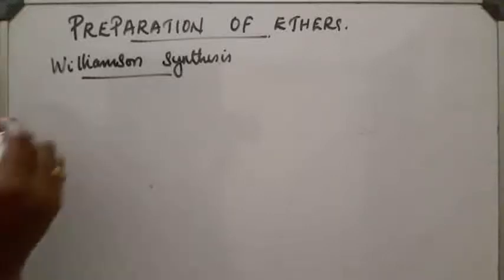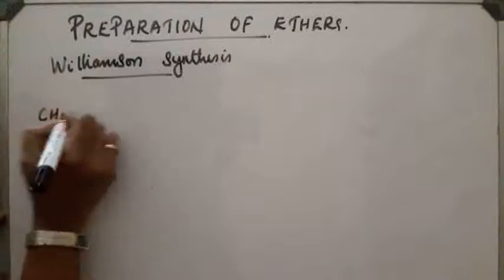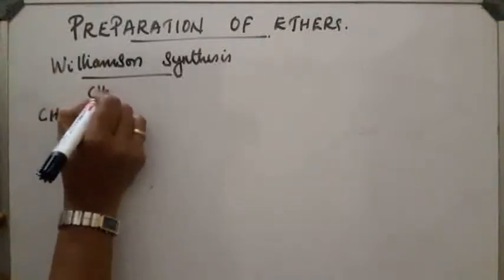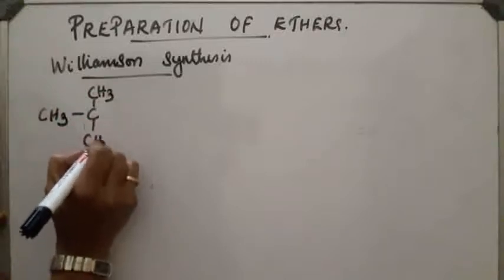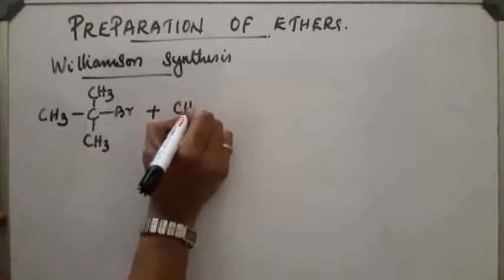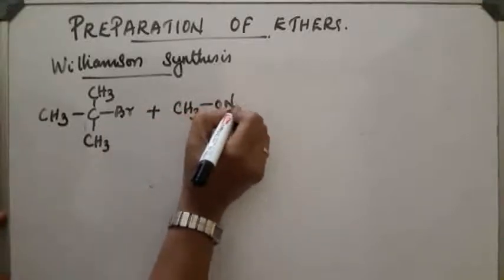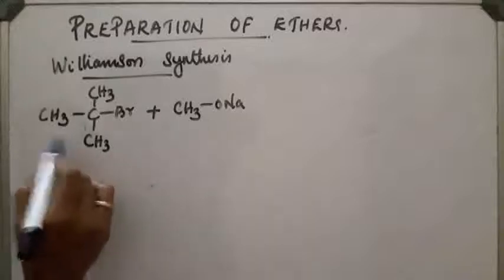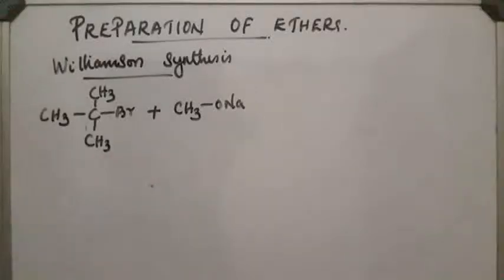Just take one example. If we are using a tertiary halide and CH3ONa, alkoxide, what will happen?